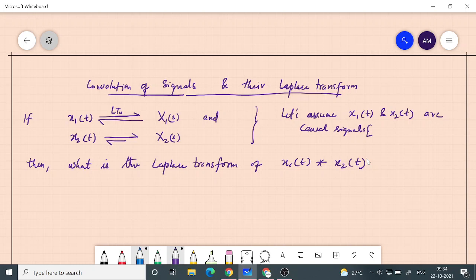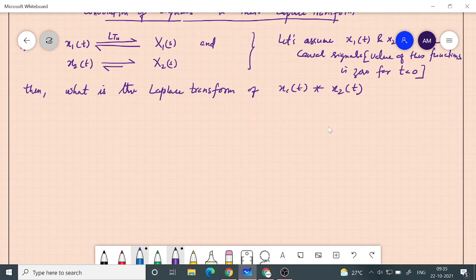It means the value of these functions is 0 for t less than 0. So that's what we mean by causal signal. Not a causal system, we are talking about signals here. So x1 of t has a Laplace transform x1 of s, and x2 of t has a Laplace transform x2 of s. Then what is the Laplace transform of the convolution of these two signals?